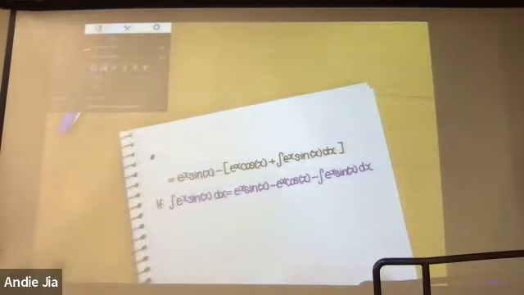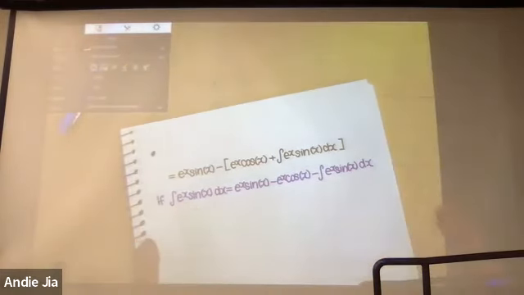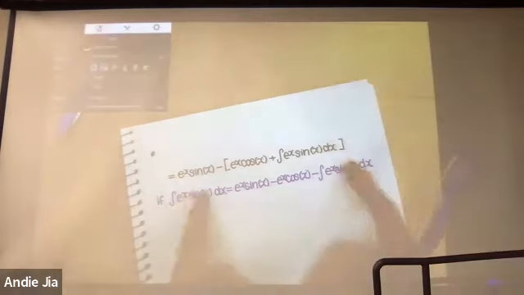So did you see the same integral appeared twice, right?